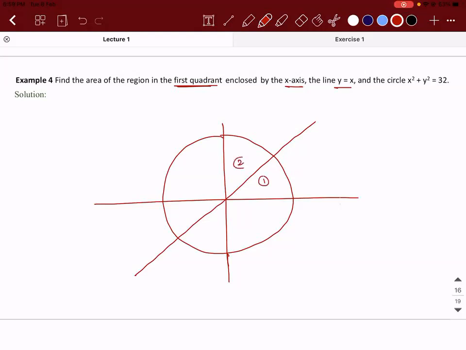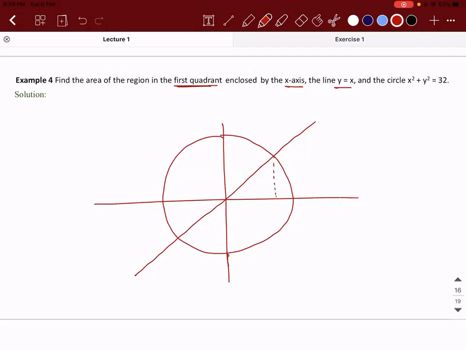So which part should I take? I'll number them 1 and 2. Which one are they asking? One, sir. Yes. So listen, this is the place where we need to be careful.